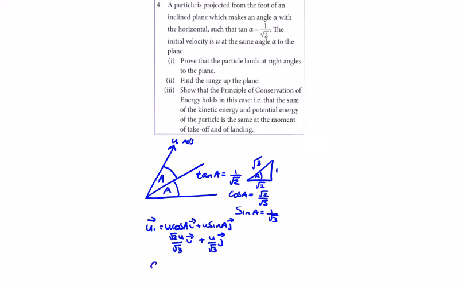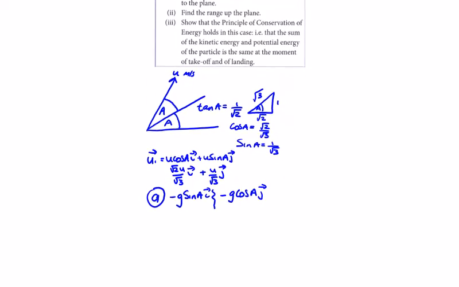My accelerations are going to be minus g sine A in the i and minus g cos A in the j. So fill that in: minus g sine A is minus g over root 3, and minus g cos A is minus root 2 g over root 3.